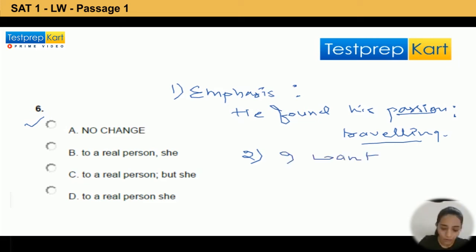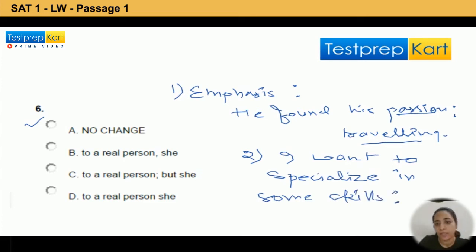I want, let's say, to specialize in some skills, right? And then you can name the skills. Let's say English speaking, you can say grammar, and this. So in this case, colon is used to identify or present a list.